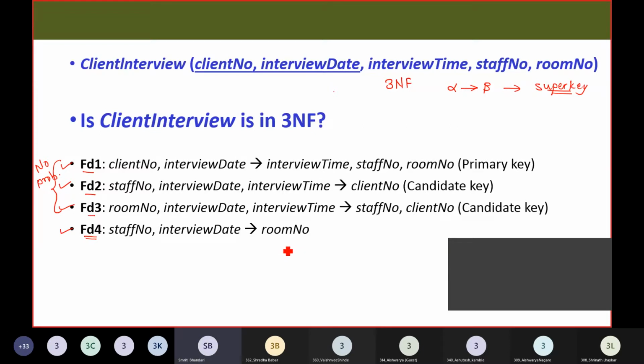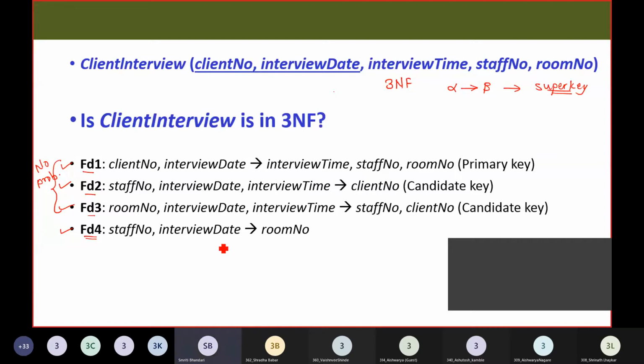This is not a transitive dependency as such. If we came up with a transitive dependency on the primary key, or in general on the candidate key, then we may say that the relation is not in 3NF. But here, this is not a transitive dependency.